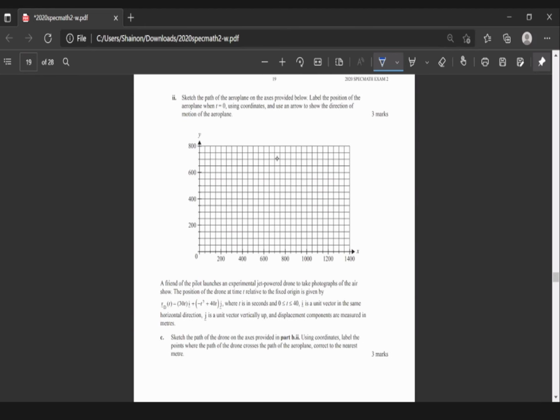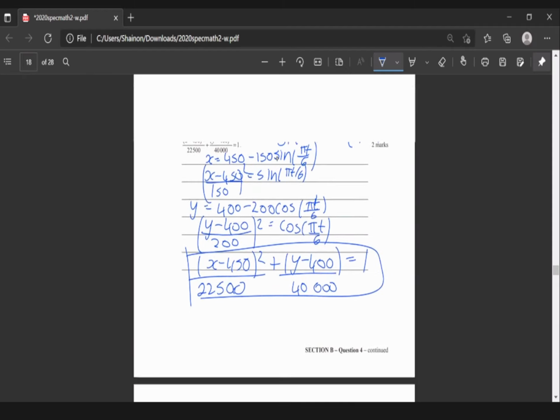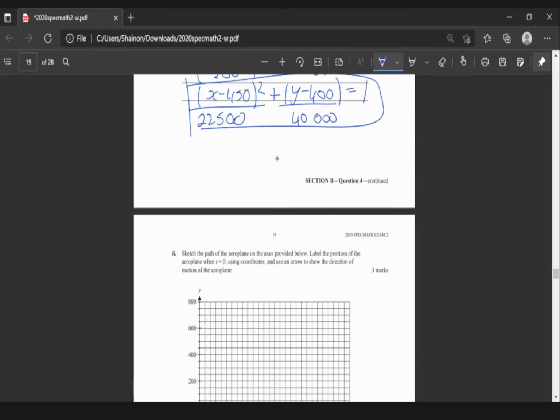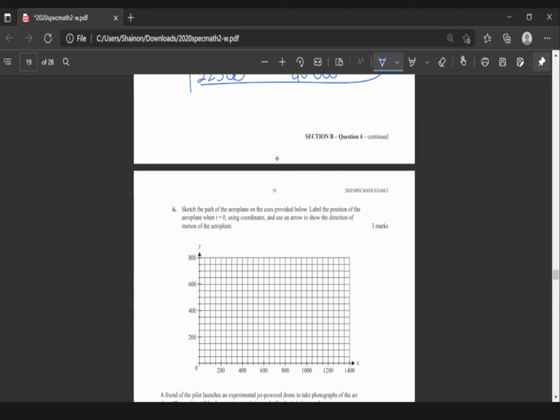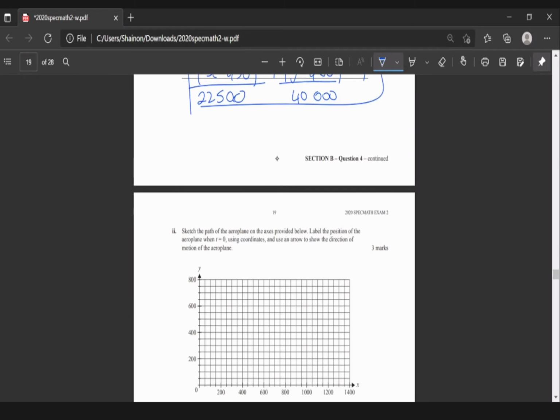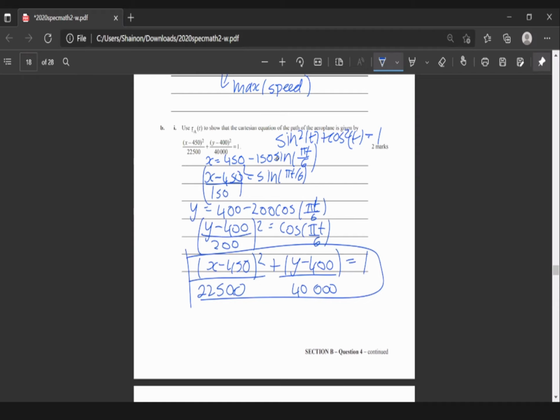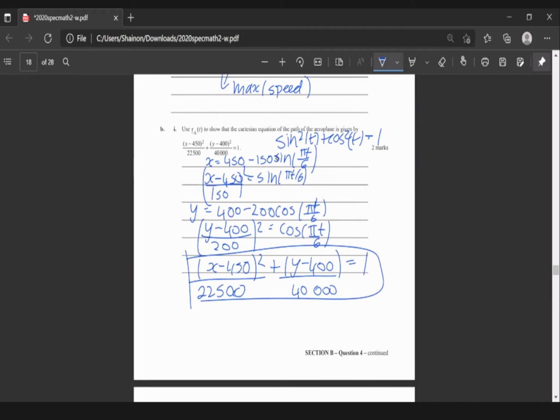Okay, so we've got to sketch this path. So we know it's going to be a circle, and what I did was just put this into the CAS. So it goes by 450 and 400. So that's 500, 450, and 400, 450, 400 here, and 150 sideways, and 200 up.